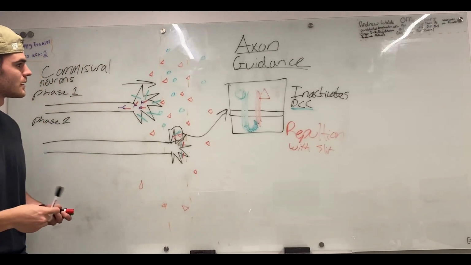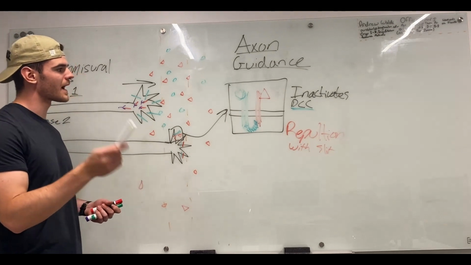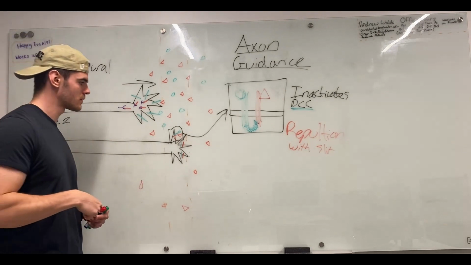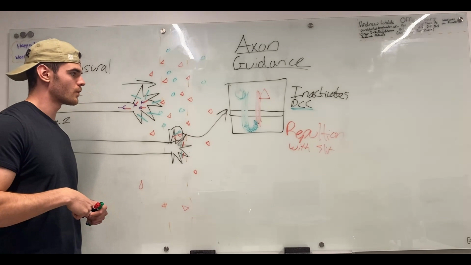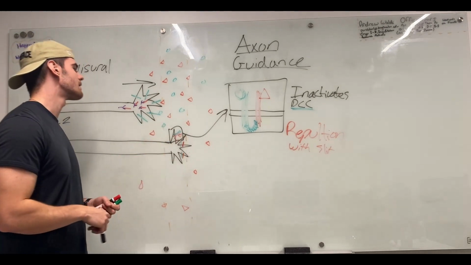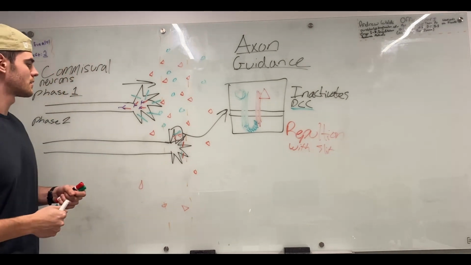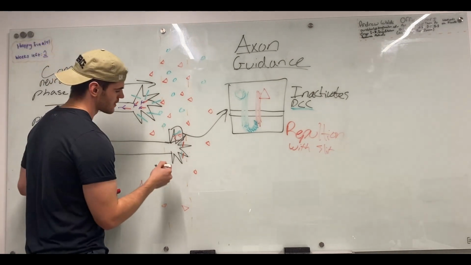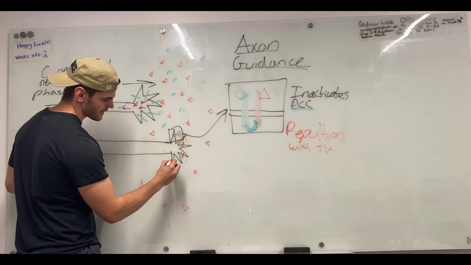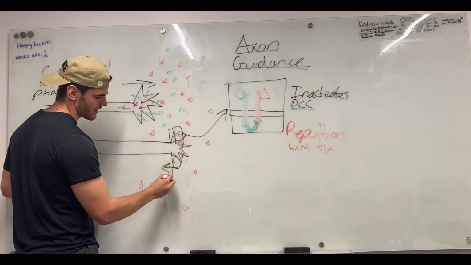In midline, slit binds to robo, which inactivates DCC, and now we're at a repulsion stage. And the axon cannot turn around, right? It can't turn around.